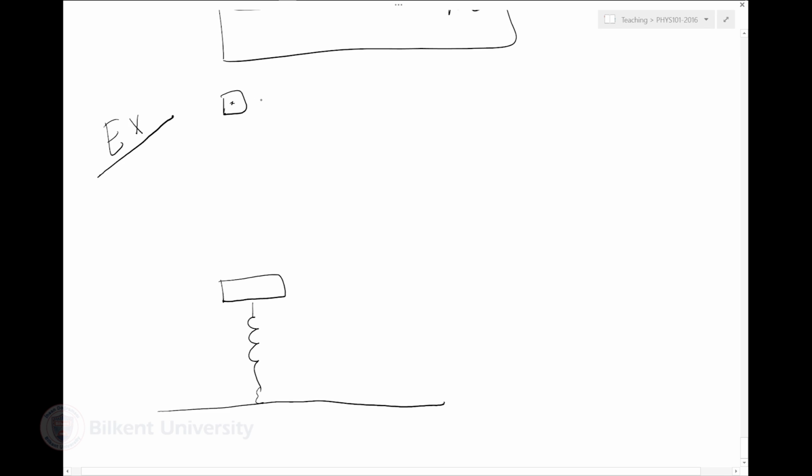An object of mass m is dropped on a spring of constant k. Let's say this distance is h. So what do I expect?